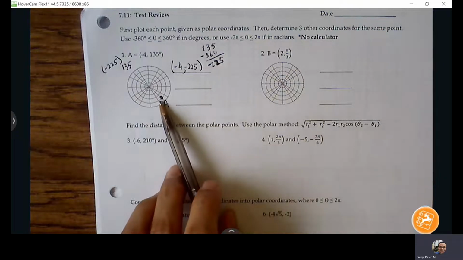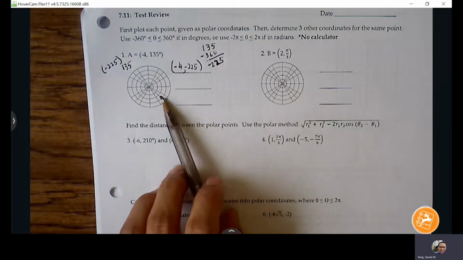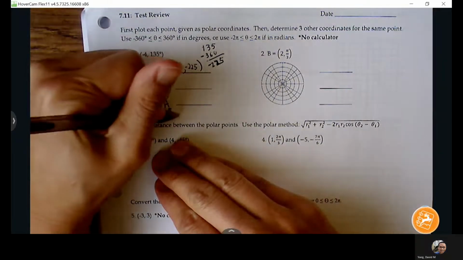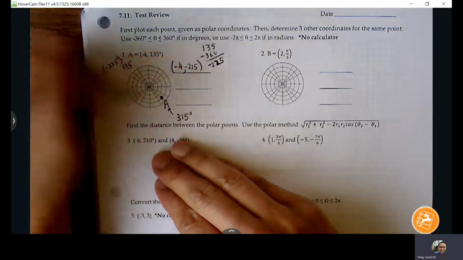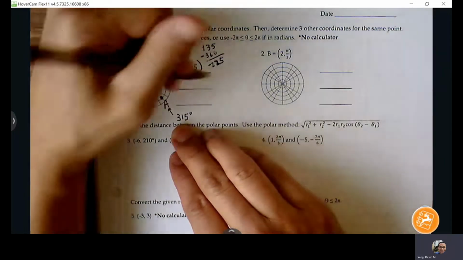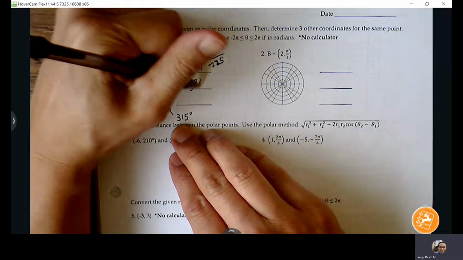Okay, point A is in the fourth quadrant. The fourth quadrant variation of 45 degrees is going to be 315. So we can think of it as walking 4 units towards 315. So we'll say 4, 315.